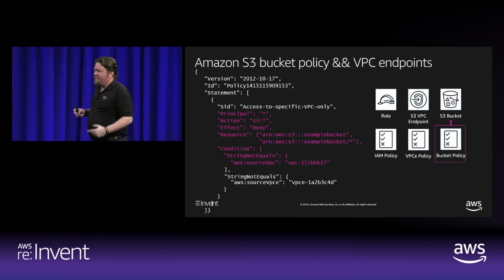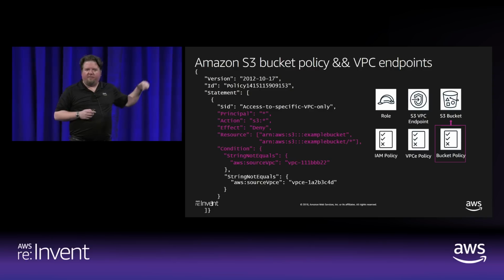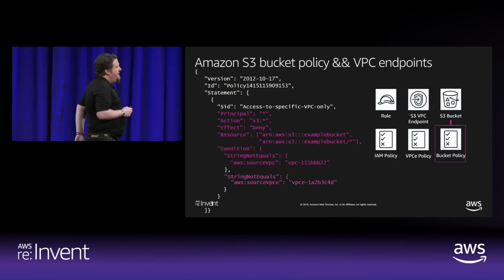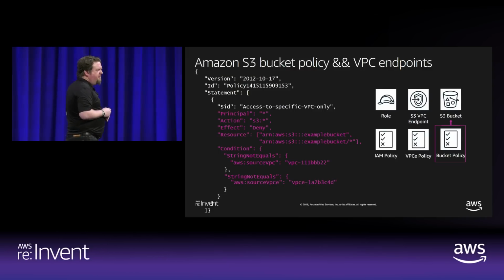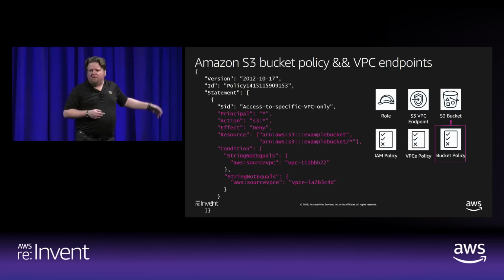All API actions to this bucket will fail if they are not coming from my VPC. And you can also write it with not coming from my VPC endpoint.